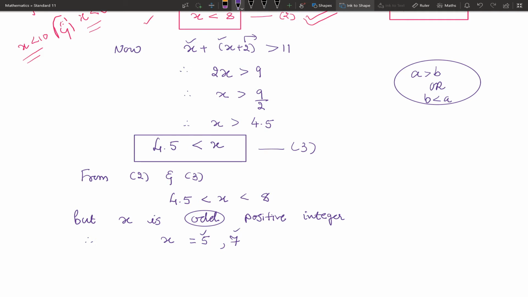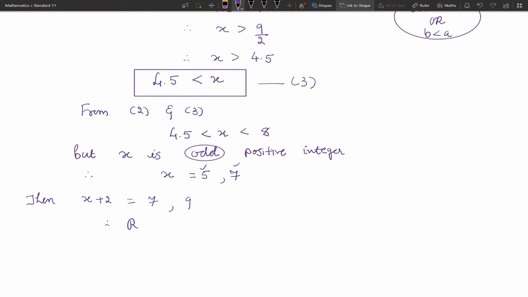So if x is 5, then x plus 2 is 7, and if x is 7, then x plus 2 will be 9.